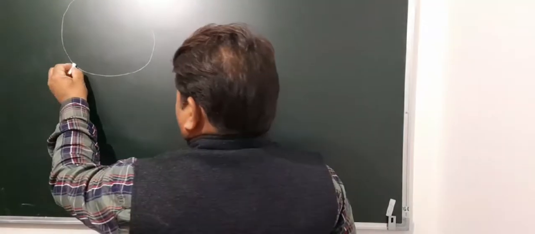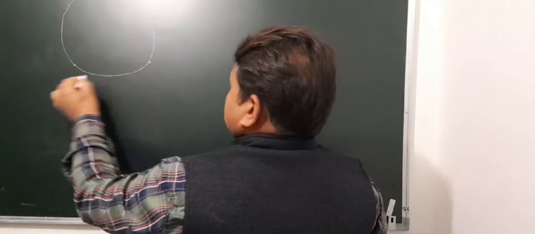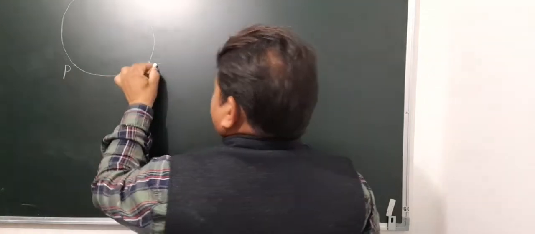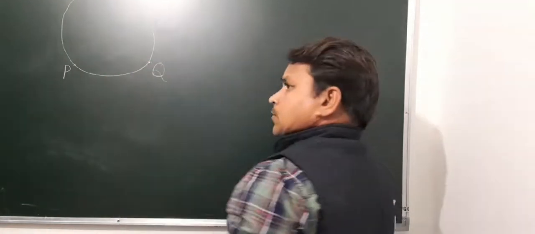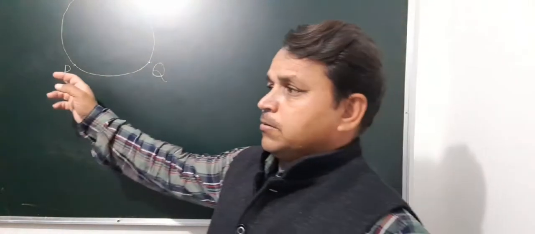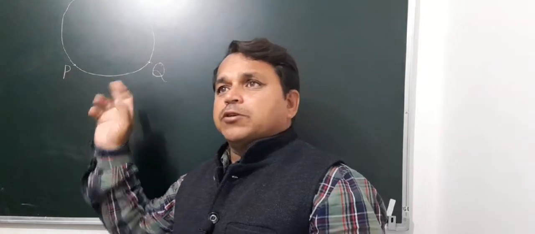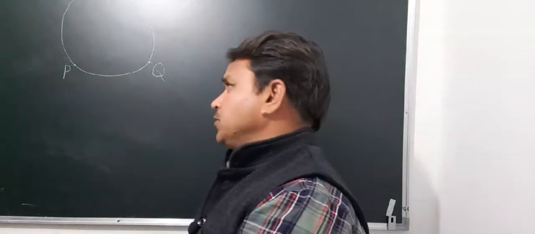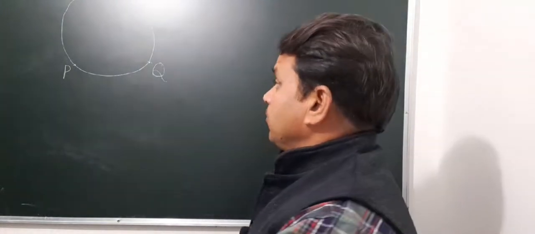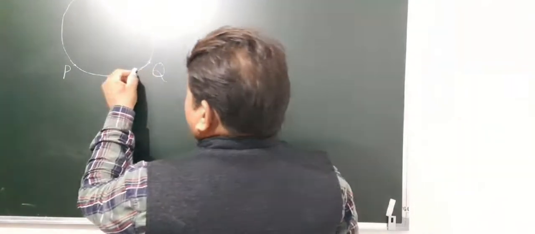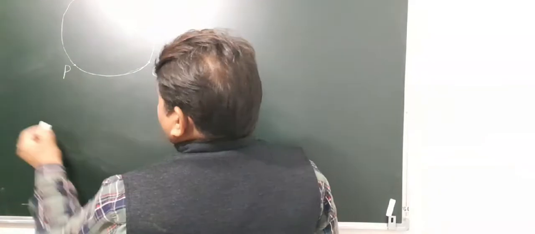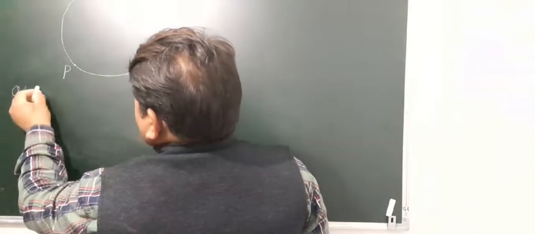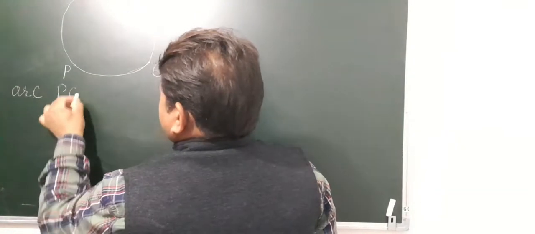Say there are 2 points on the circle, P and Q. The part of the circle, or piece of a circle, between any 2 points on the circle will be known as an arc of the circle. So this will be known as arc PQ.